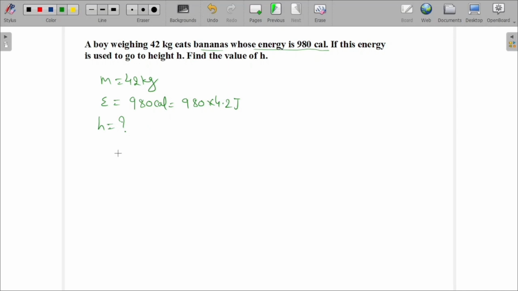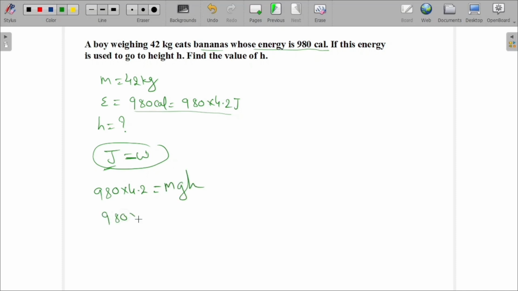Based on this, the same formula: work done equal to mechanical equivalent of heat. Here the heat is the energy. So 980 into 4.2 equal to work done, mgh.